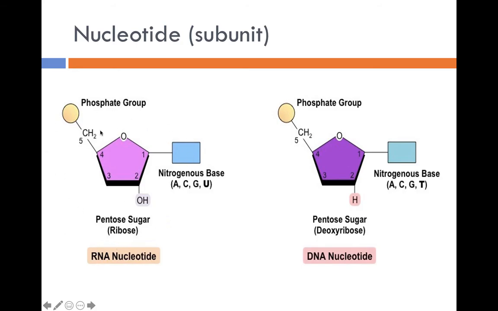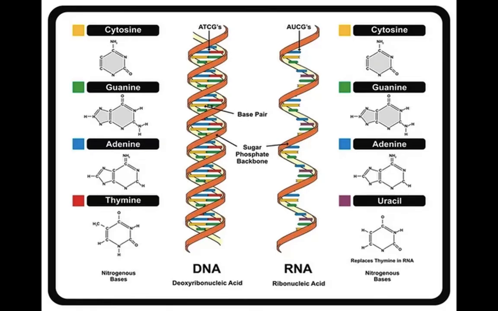So this would be a picture of what a nucleotide looks like for RNA, and how you'd recognize it is you need to make sure that you know that it has the U, uracil, instead of over here where it has the T, thymine. But you will definitely need to make sure that you know this shape right here, because I will ask you that. And in your guided notes, you'll also see that there as well.